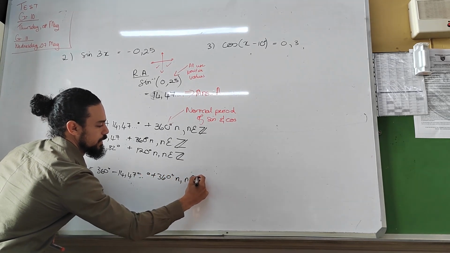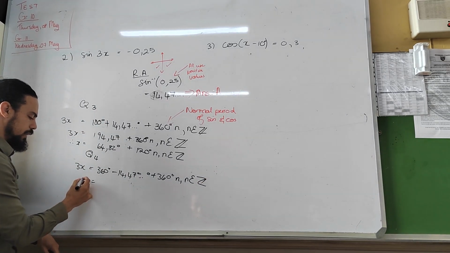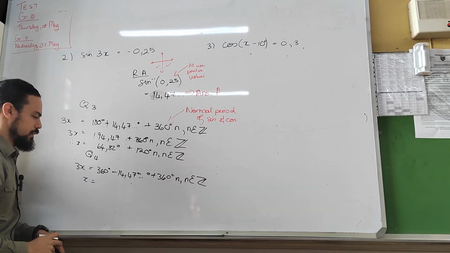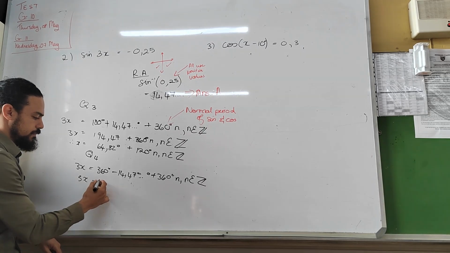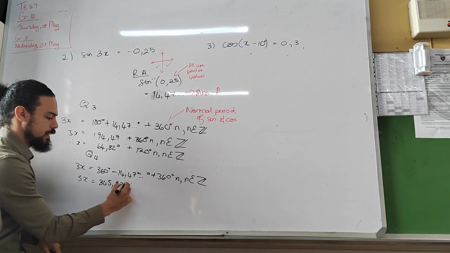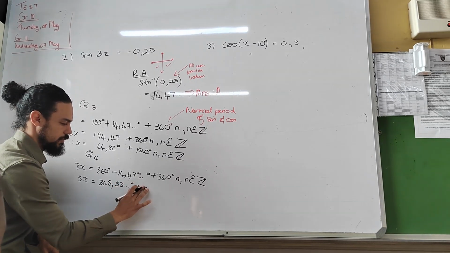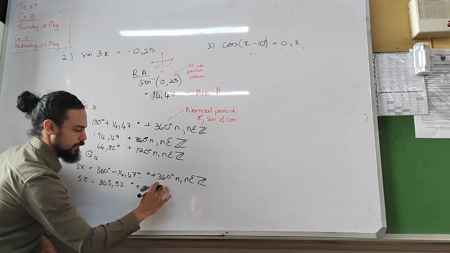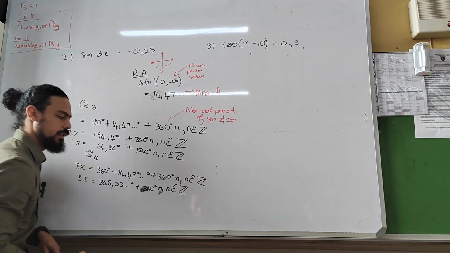n, and n is an element of integers, and then we go through, so then it's going to be x 345,53, that's still not rounded, plus 360n because we haven't divided there, and n is an element of integers.